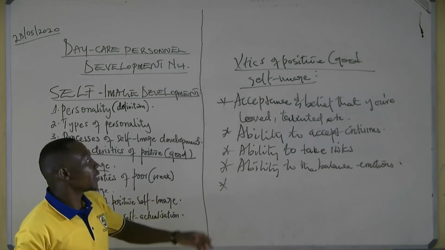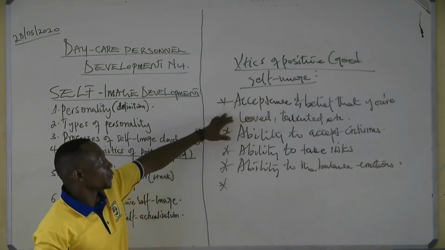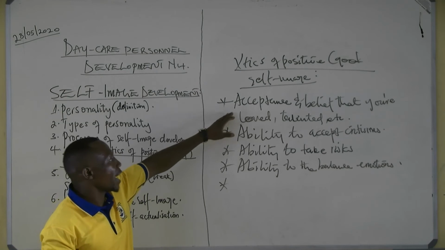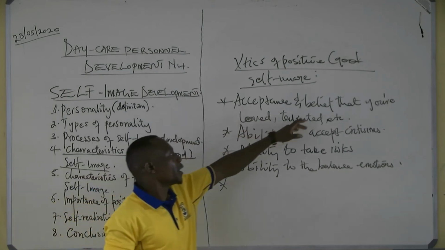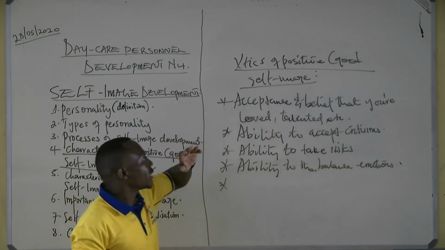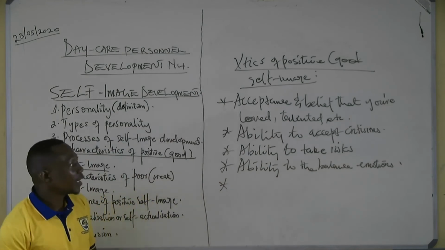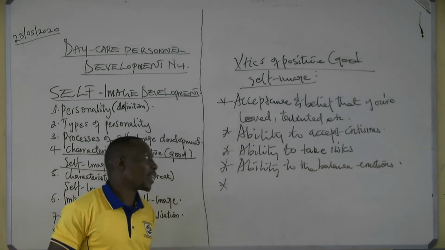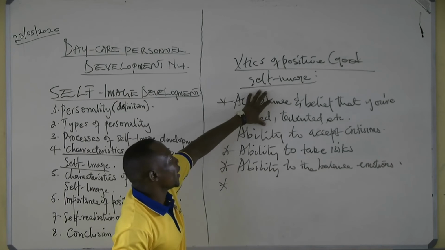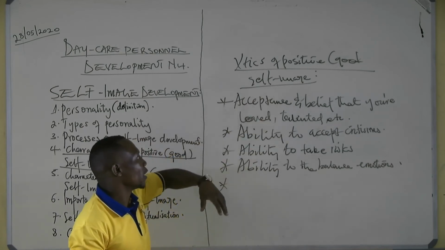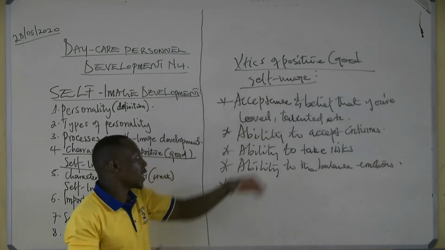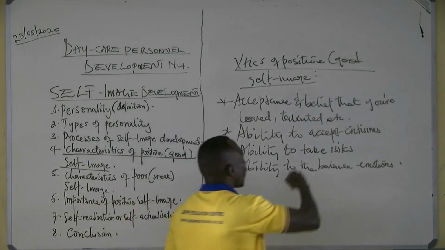Now, characteristics of a person with a positive or good self-image: that person is seen always positively and easily accepting, and having a positive belief that he or she is loved, is talented, and so many others.